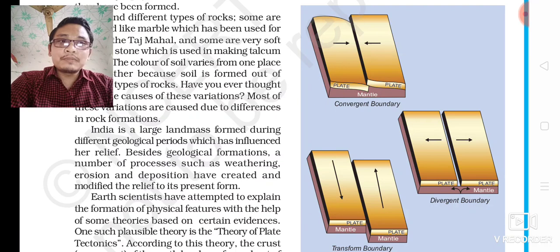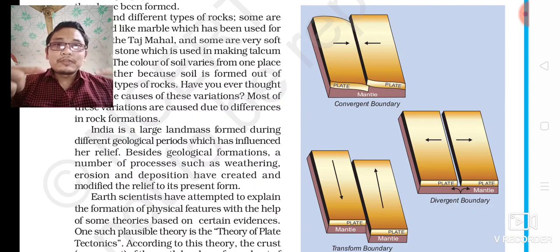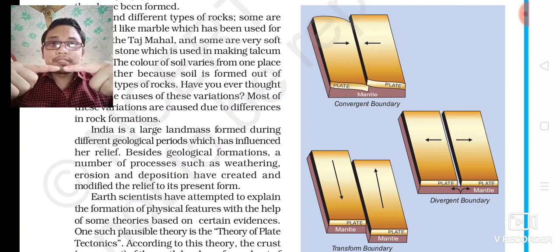of the tectonic plate, divergent movement of the tectonic plate, and the transform movement of the tectonic plate. And according to geologists, due to the movement of the tectonic plate, different types of landforms are formed. Okay, for example, in convergent movement, two plates collided and this area might uplift.